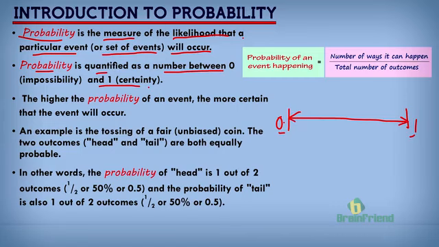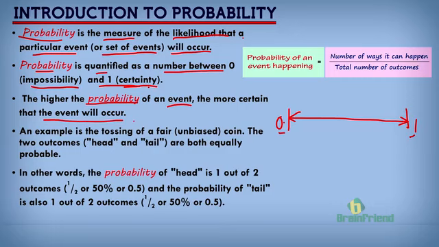So 0 signifies impossibility, while 1 signifies a certainty that an event will happen. So probability ranges between 0 and 1. The higher the probability of an event, the more certain that that event will happen.